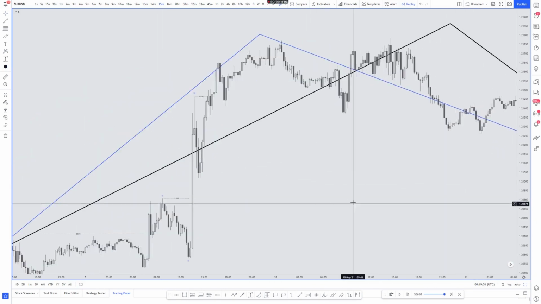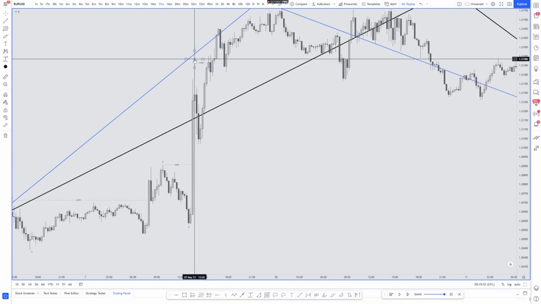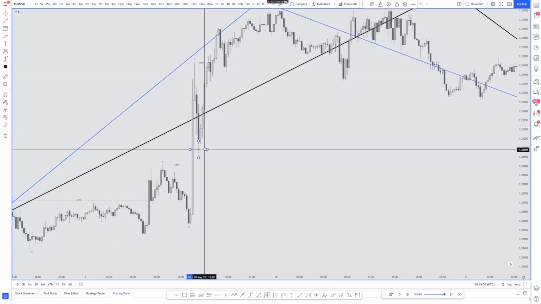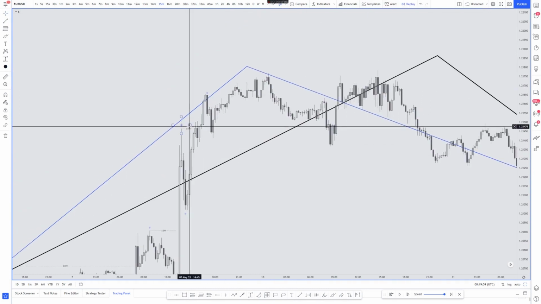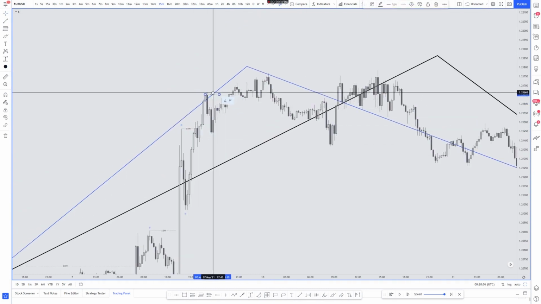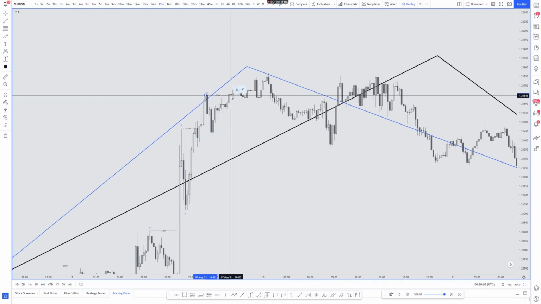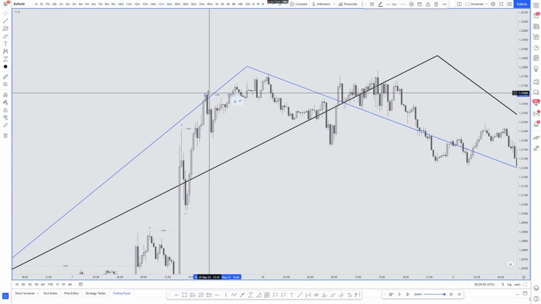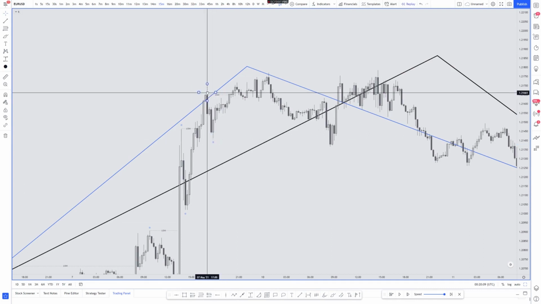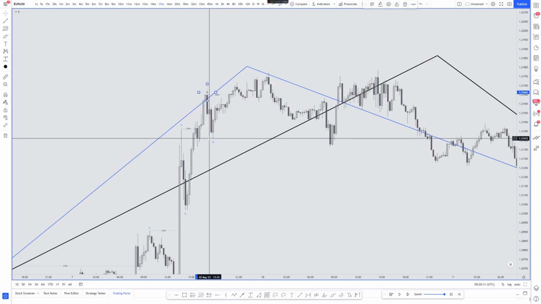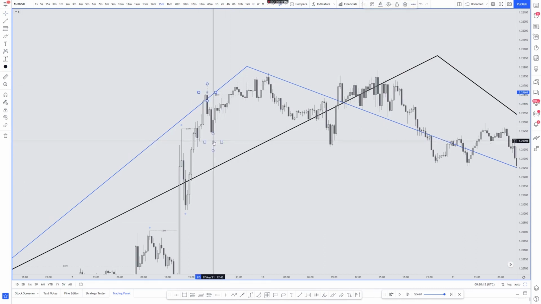So we'll zoom in here again, and ultimately we have a low, we have another high. Now these are pretty minuscule pullbacks up here. If we did want to class these as structure, we can.